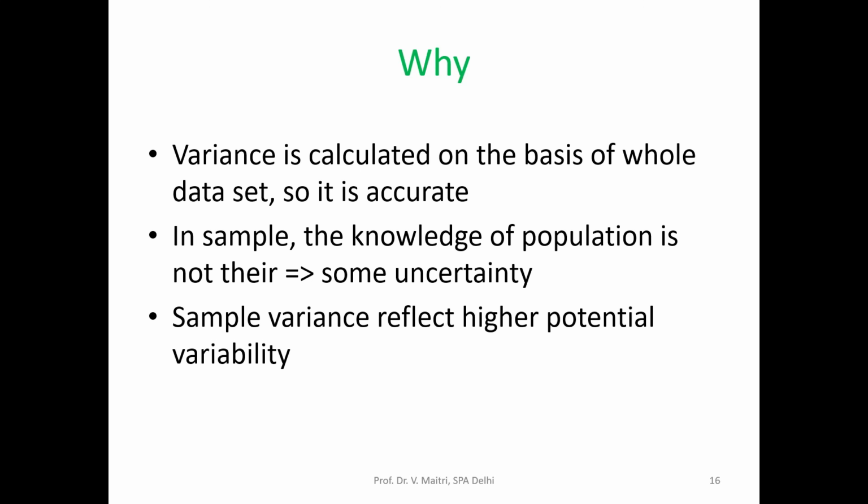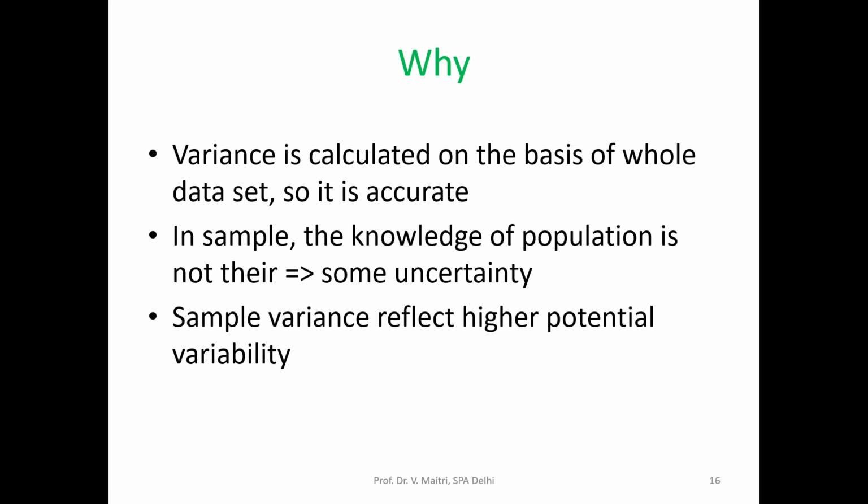Why? Because the population variance is calculated on the basis of the whole data set, so that is accurate. But in a sample, the knowledge of the population is not there, so there is a sense of uncertainty. The sample mean behaves differently from the population mean, so the sample variance reflects a higher potential of variability.